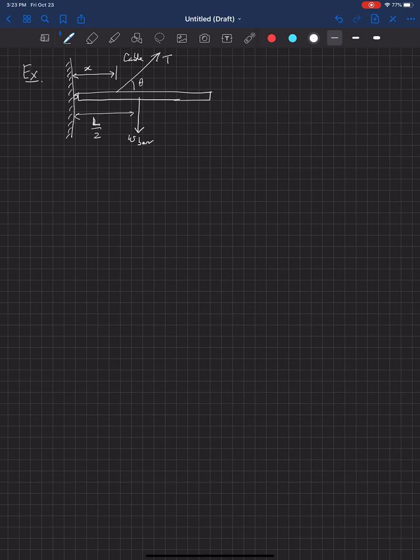Okay, L being the length of the bar. So L over 2, and this is also L over 2. Okay, and we want to solve this problem. And we want to apply the conditions of equilibrium to this problem.